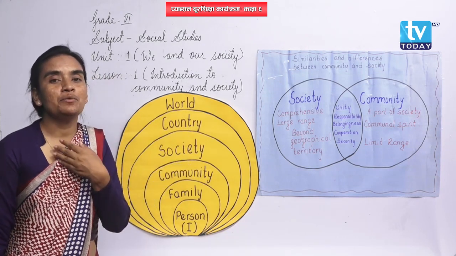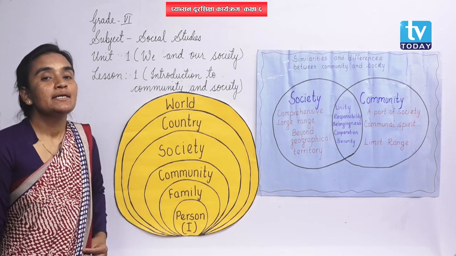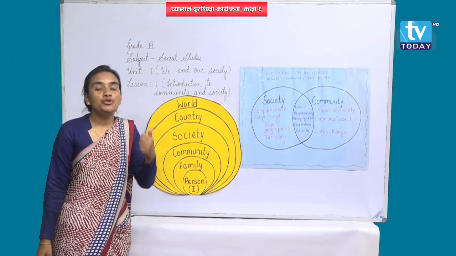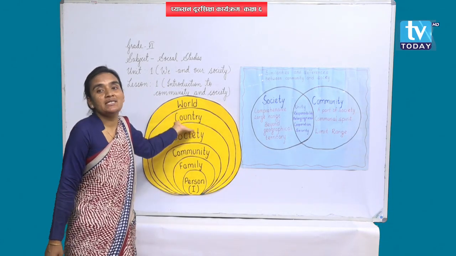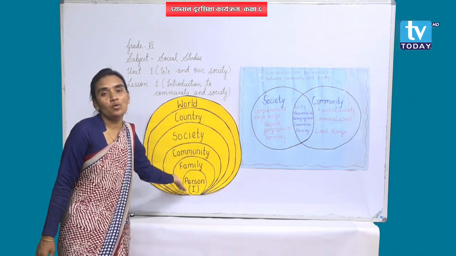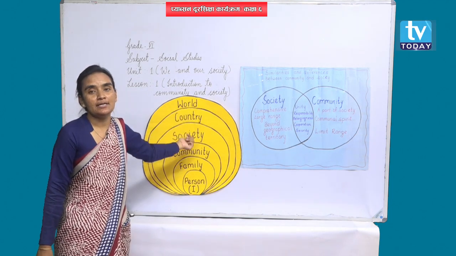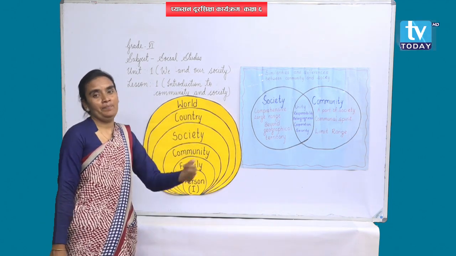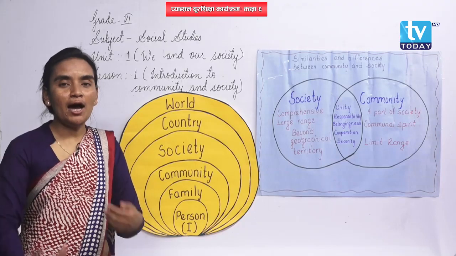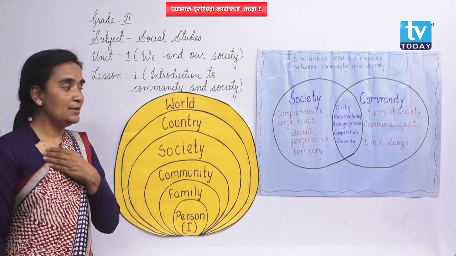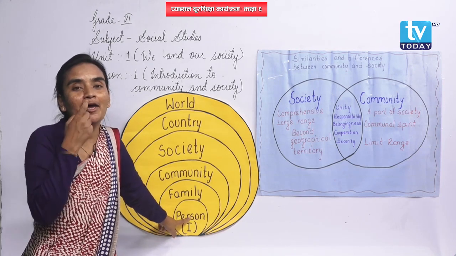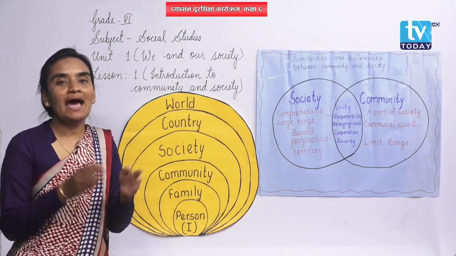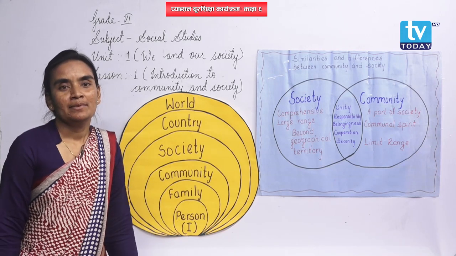So now, dear children, I just want to get your idea here. Why are we going through all these words, all these features in the same circle? Let me give you an idea. If I am only there as an individual, I don't have any importance.